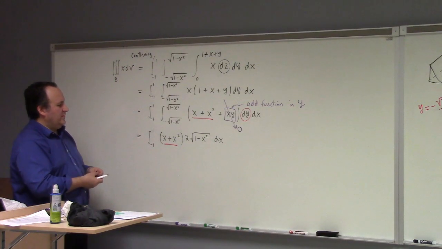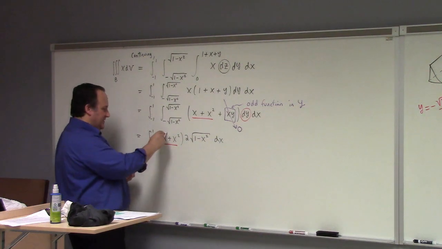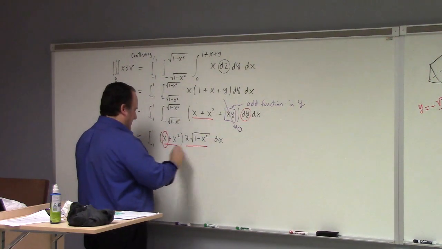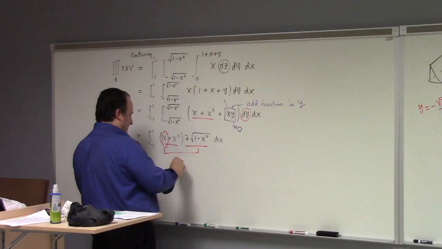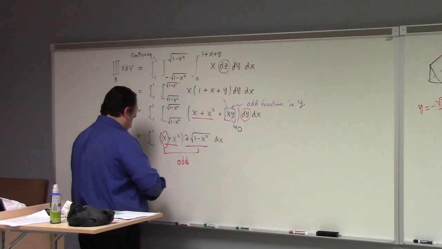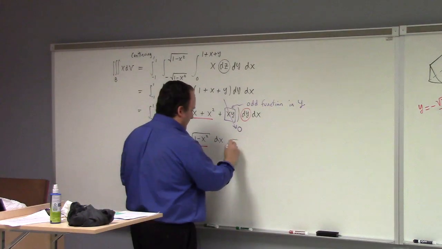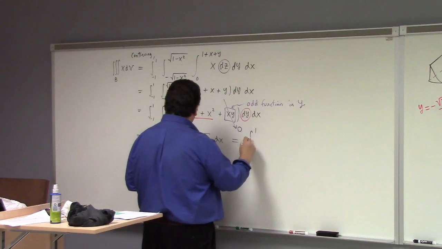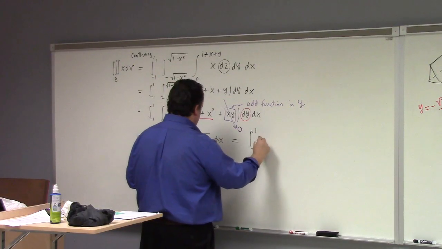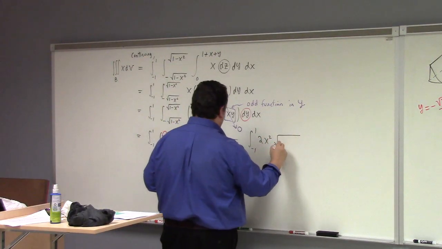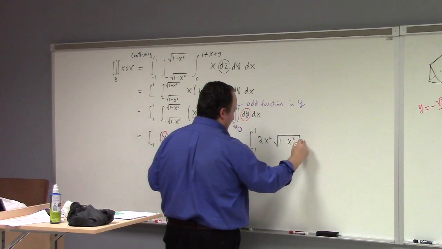One thing is nice. This times that is odd. And as such, this is just the integral from -1 to 1 of 2x squared times the square root of 1 minus x squared dx.